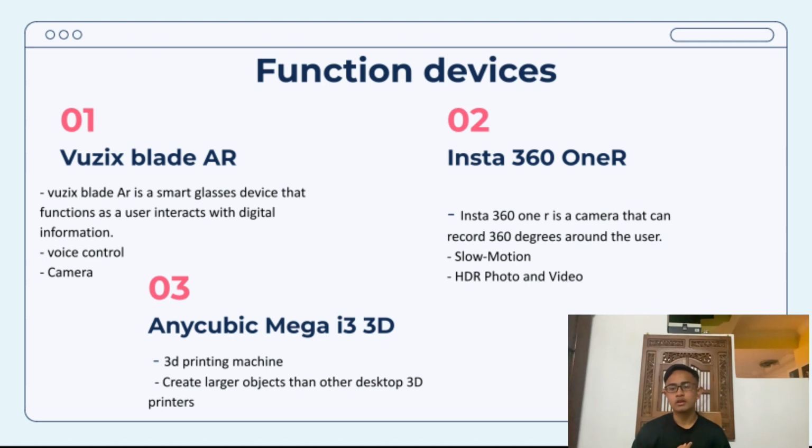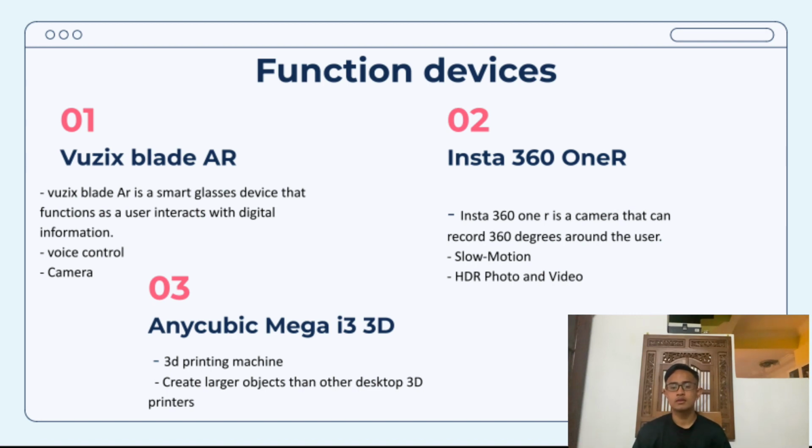The Vuzix Blade AR can be controlled by using voice commands, enabling the wearer to interact with digital information without using their hands. Second, camera. The Vuzix Blade AR also features a built-in camera that can capture photos and videos, enabling the wearer to share their point of view with others.